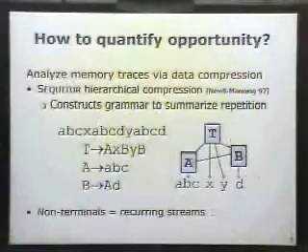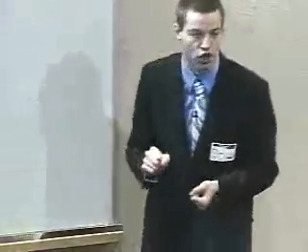And so we can construct this grammar and then walk a representation of it in order to count how much repetition there is, how long these streams are, where they come from, and so on. So we're going to take this analysis approach and apply it to programs in order to get a quantification of our opportunity. Let's take a look at the results of this analysis.